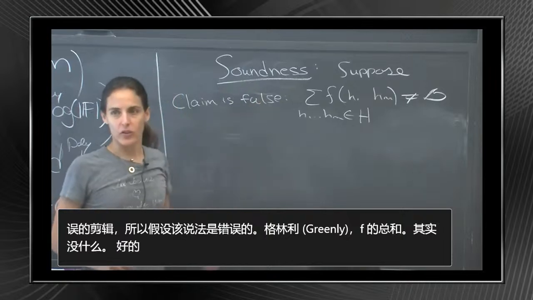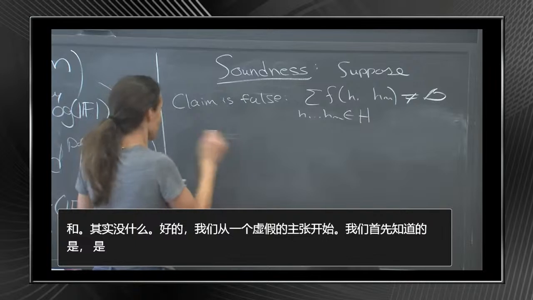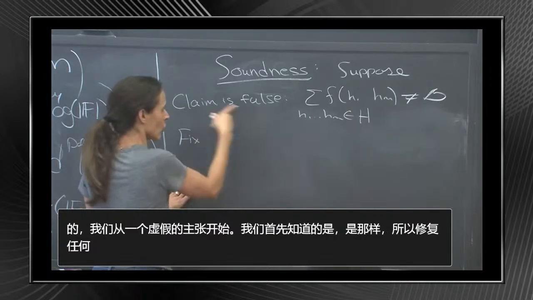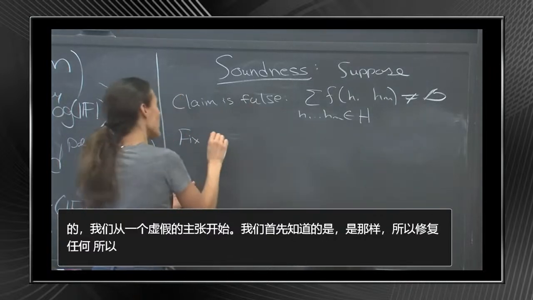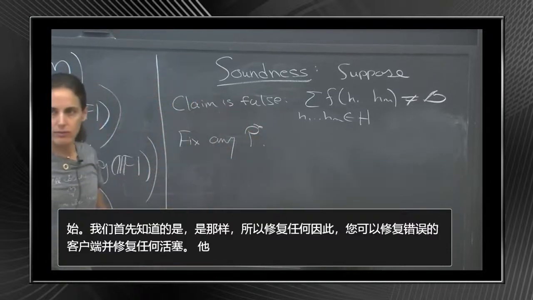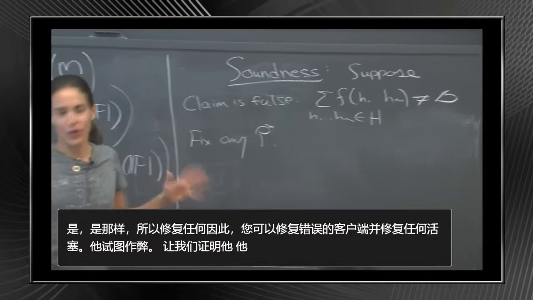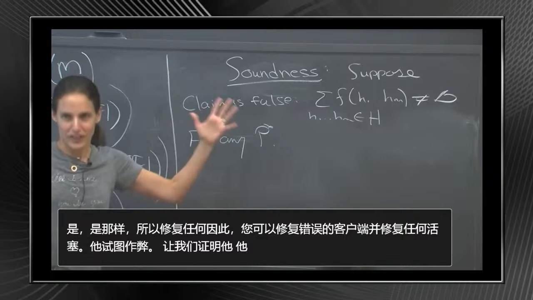Okay, so we start with a false claim. Fix a claim that's false. Fix any P star. He tries to cheat. Let's show that he fails, or succeeds with a very small probability if the field is large enough.